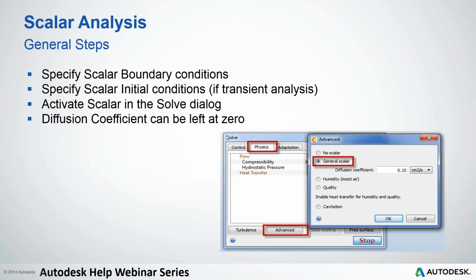You go to solve, physics, advanced, and you change it from no scalar to general scalar. And you enter the diffusion coefficient, which will define how the 2 fluids are mixing with each other. This can be left at 0 if they don't actually mix together. That's okay, but if they're going to be mixing together, then you would want to set that to something different than 0.